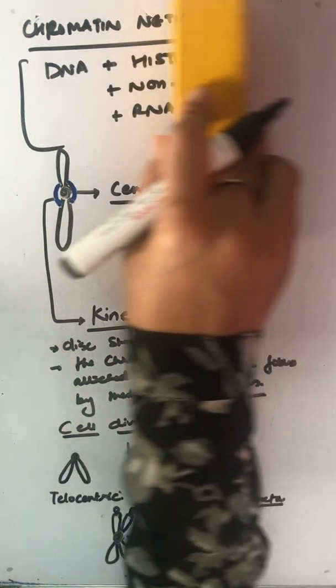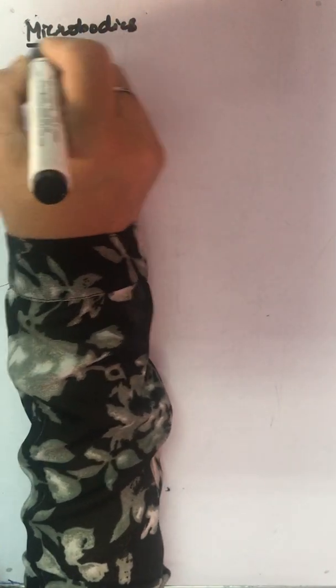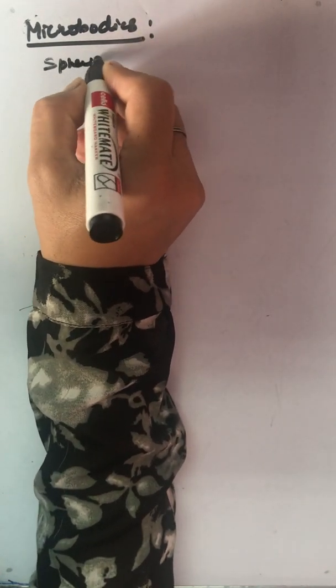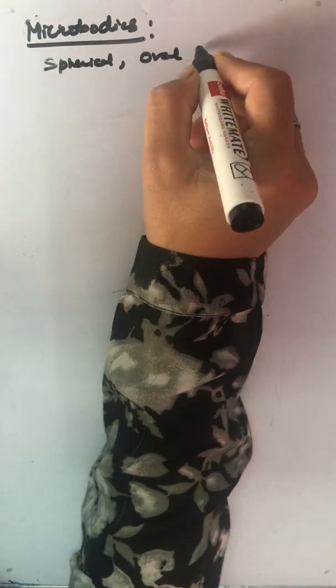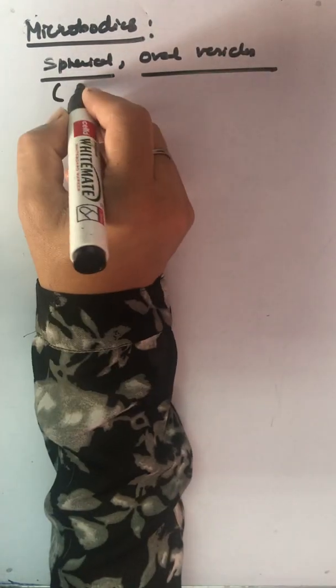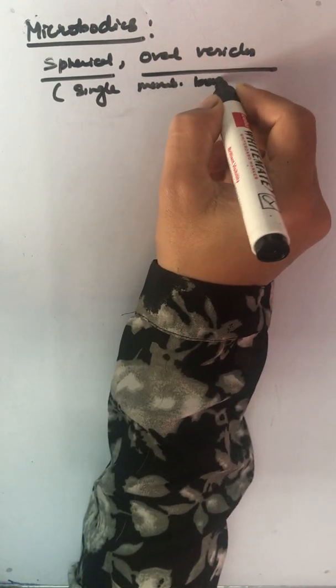Moving to the microbodies. Microbodies are spherical, oval vesicles with a single membrane boundary.